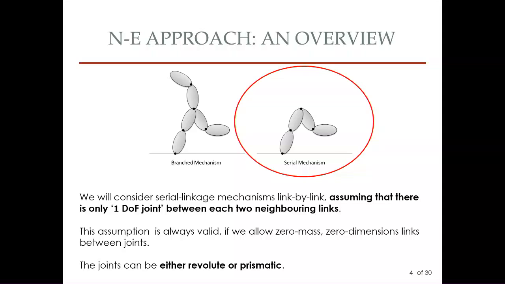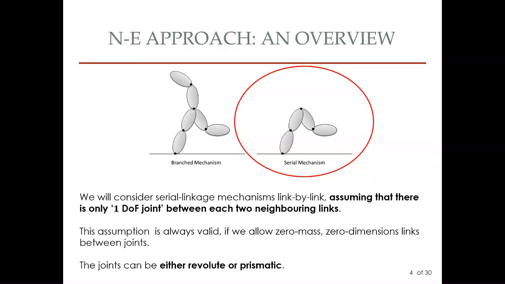Now it's mentioned here that you can extend this analysis to a branched mechanism easily, but not to parallel mechanisms. If you have parallel mechanisms, it's already something for advanced dynamics because you will need to work together with some constraint equations.